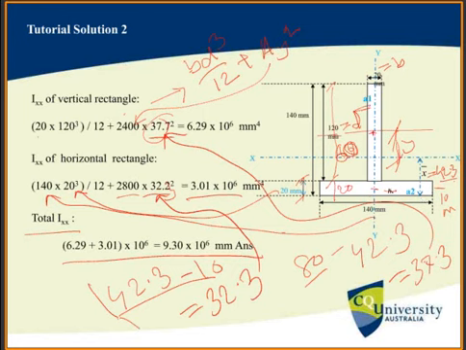So now we need the distance of the center of the second area to the centroid. Just this distance. So how can you find it? You already know this distance and you know this distance. Can I make it clear? Yeah, just take away. So is it clear now how we can find 32.3?